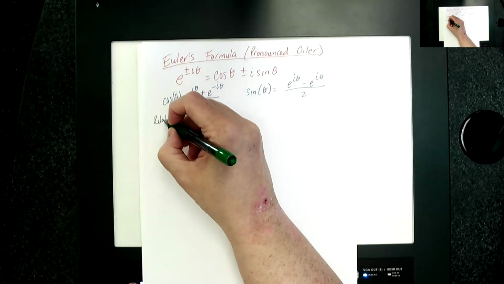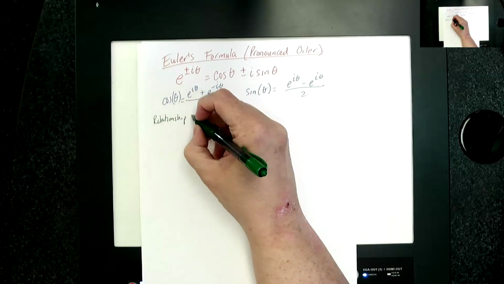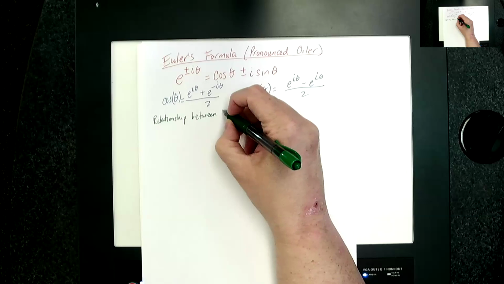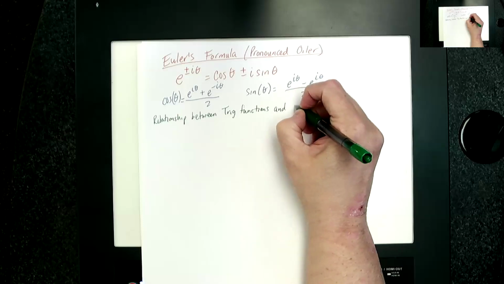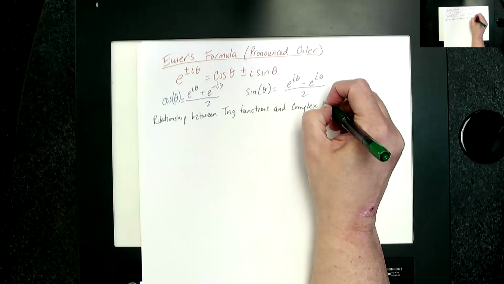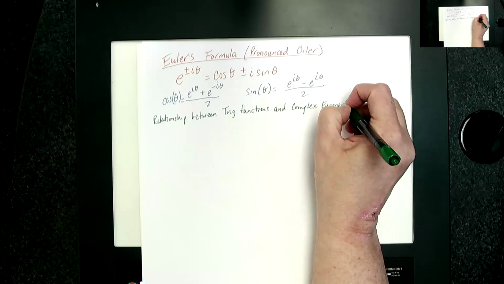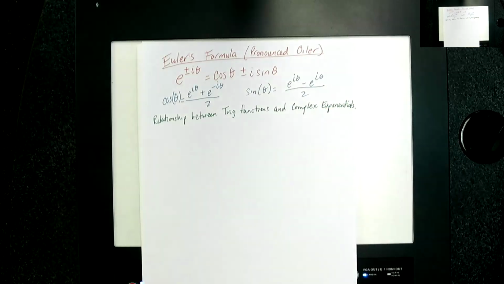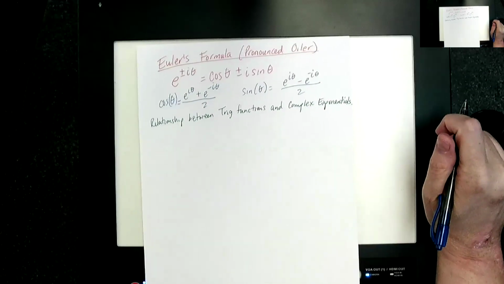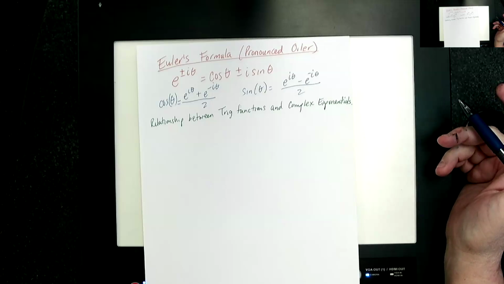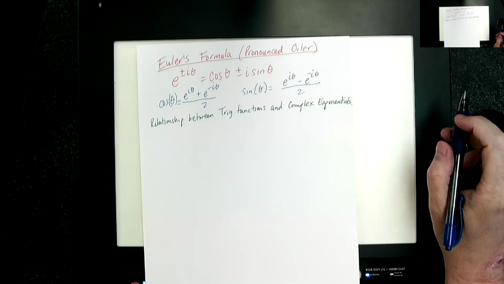And that's your relationship between trig functions and complex exponentials. Yeah, if they were both positive, that would be 0, right? Good call, Dalton.